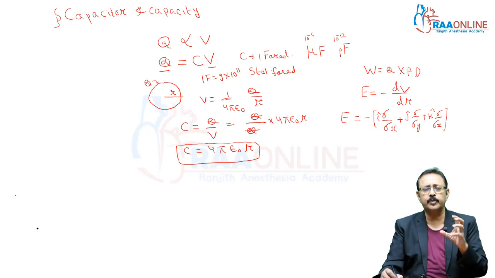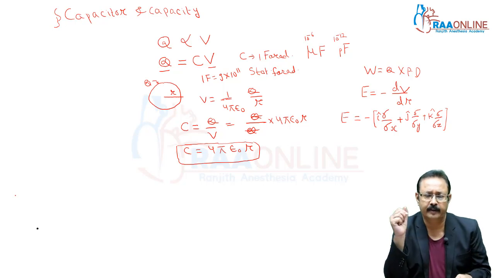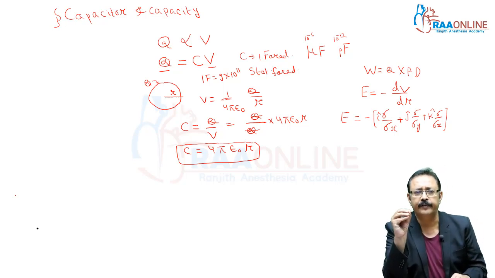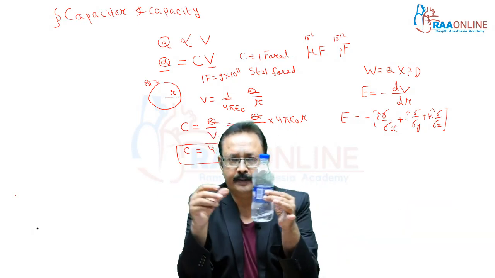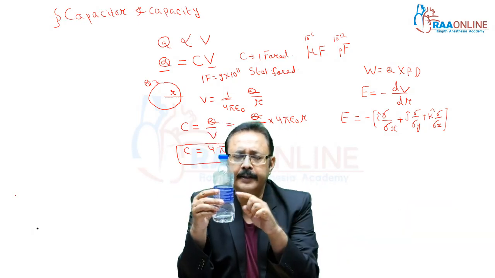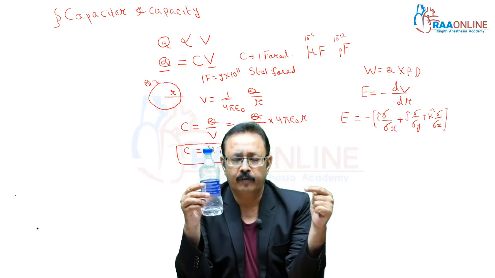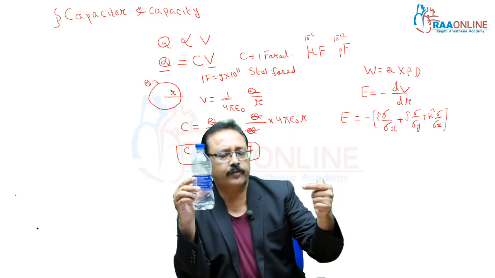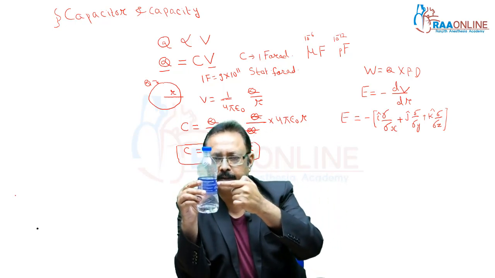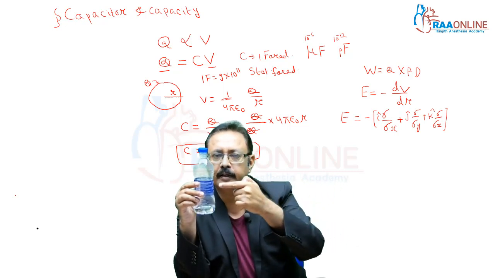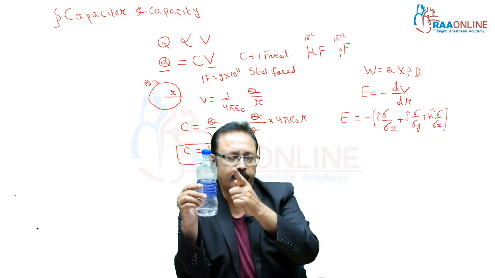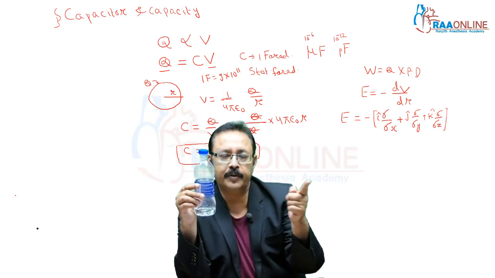If you are going to charge a conductor, suppose you want to give 10 coulomb charge to this conductor, I connect it with a battery. What will happen? First 1 unit of charge will reach the conductor. Now the second unit is approaching the conductor, but the first unit will repel that second unit.